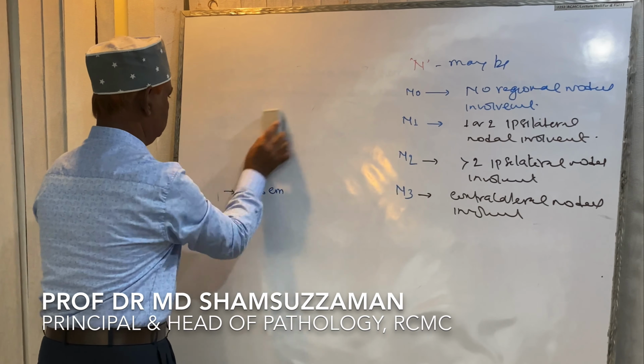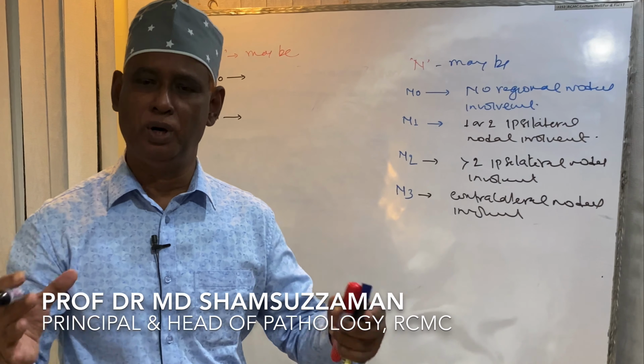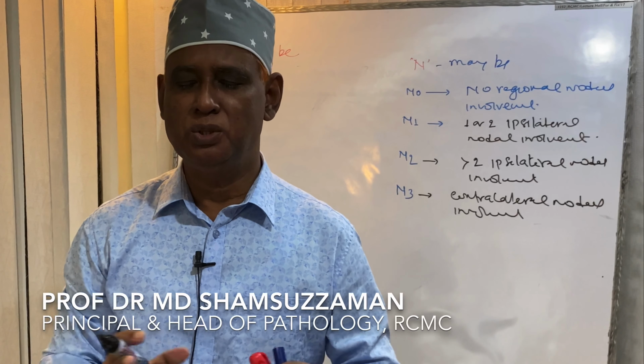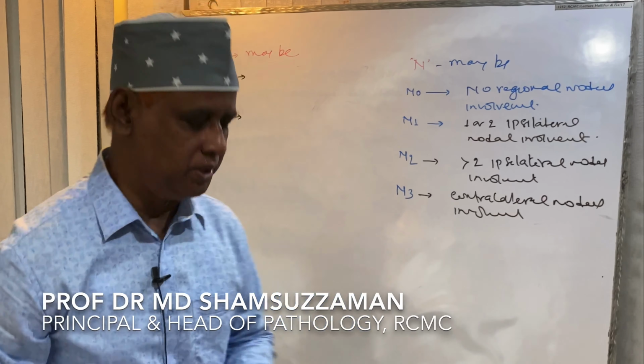Dear audience, now come to M, that stands for hematogenous metastases. This M may be M0, M1. M0 means there is carcinoma in the organ, but there is no hematogenous metastases, absence of hematogenous metastases.